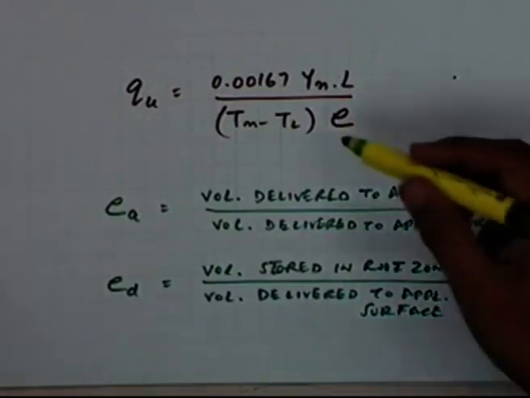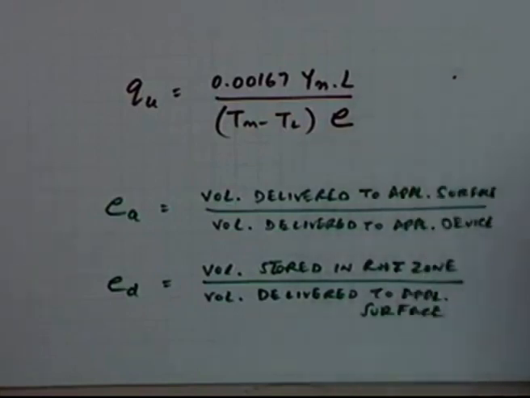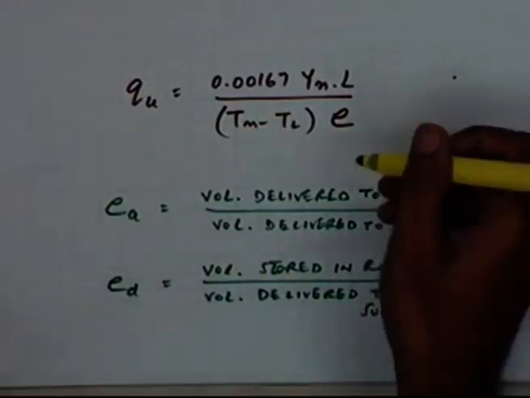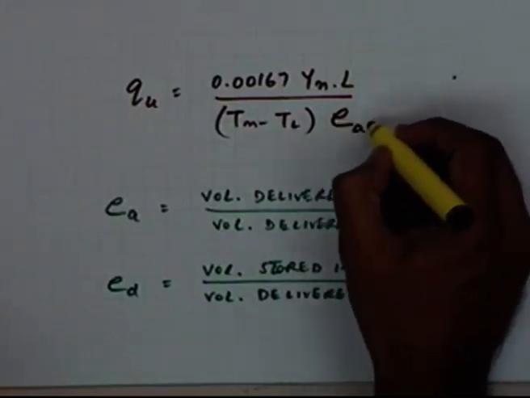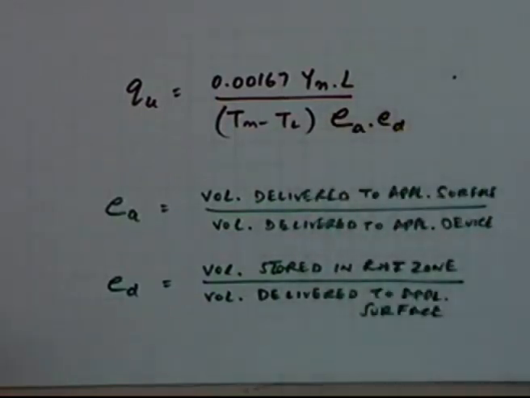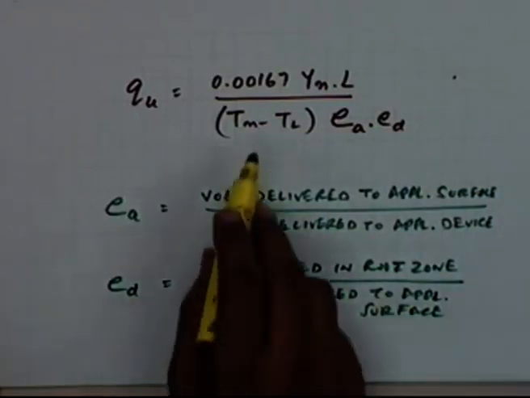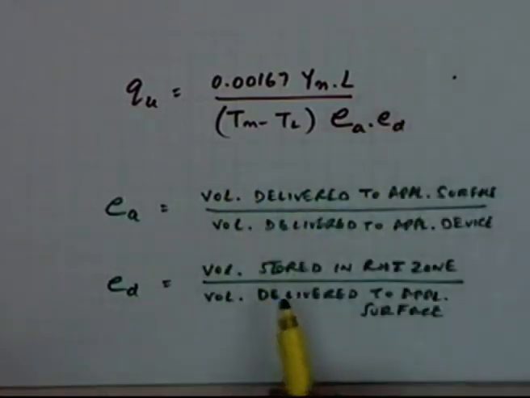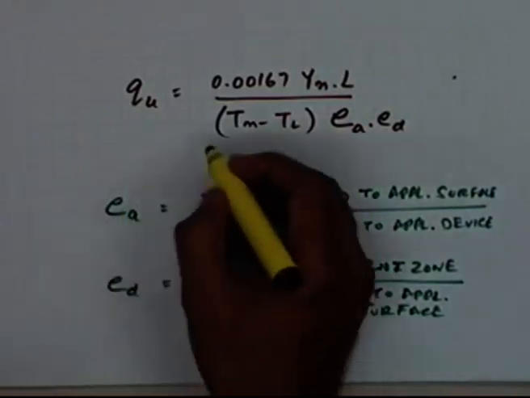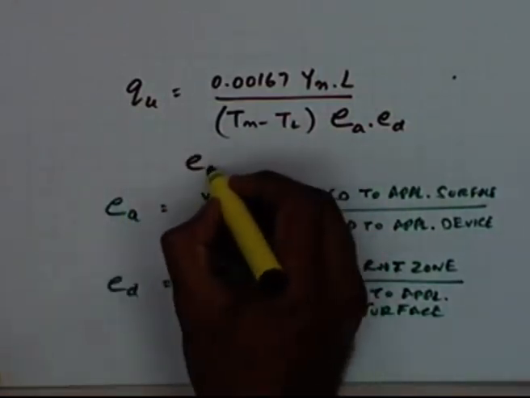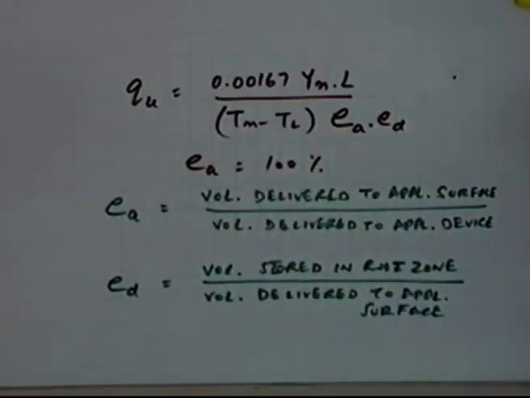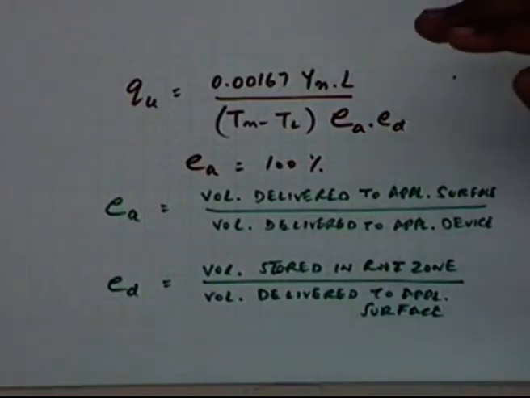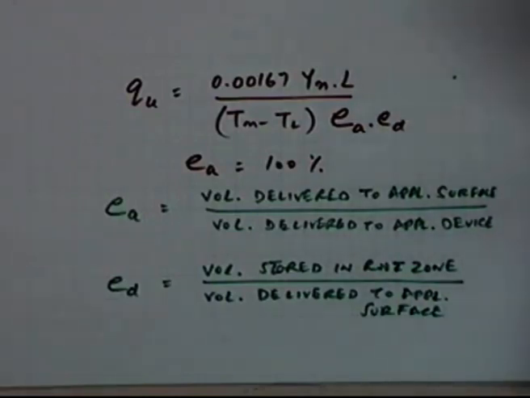So rather than using just EA, we can say it is a combination of EA and ED, but specifically in this particular situation it is assumed that EA as defined here is 100%. That means there is no loss when you are supplying the water from the device onto the application surface.